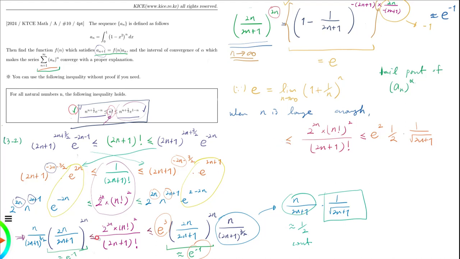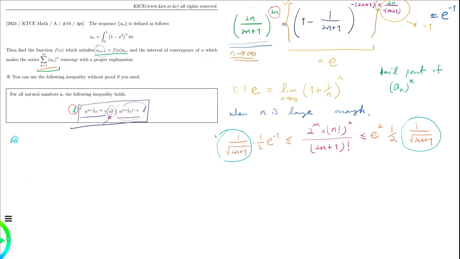And for the lower part, by the same logic, we have 1 over square root of 2n plus 1 times 1/2 times e to the minus 1. What remains to be a function of n is this factor 1 over square root of 2n plus 1.